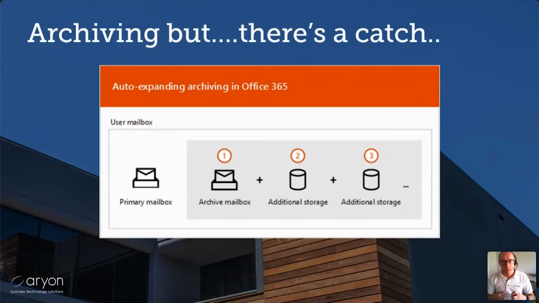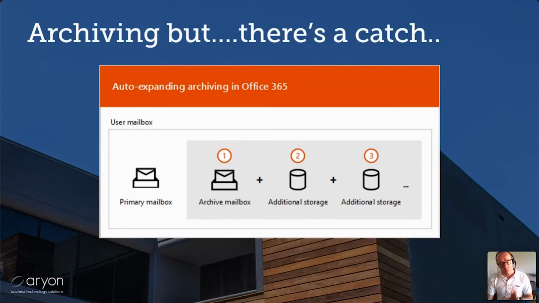But these auto-expanding unlimited archives they use have some really interesting shortfalls. As archive space is needed, it actually expands and adds it on in 10 gigabyte chunks. And those chunks of data are stored disparately in a separate storage system to your primary base archive in 365.